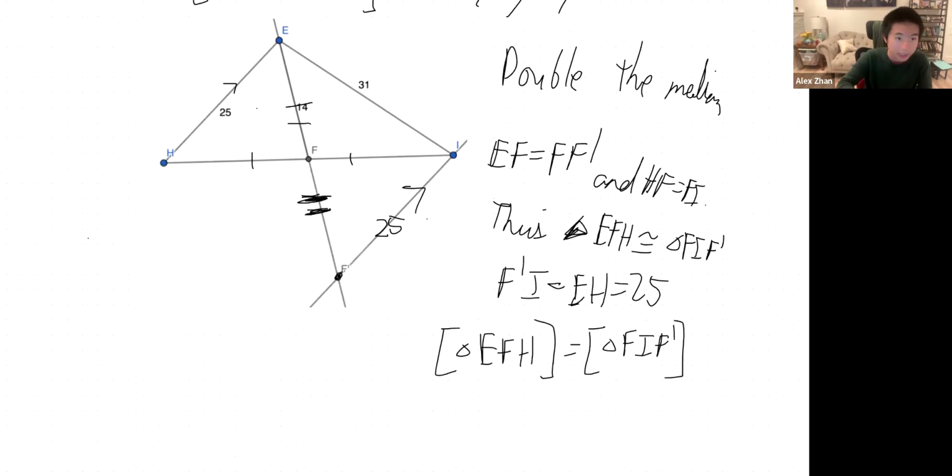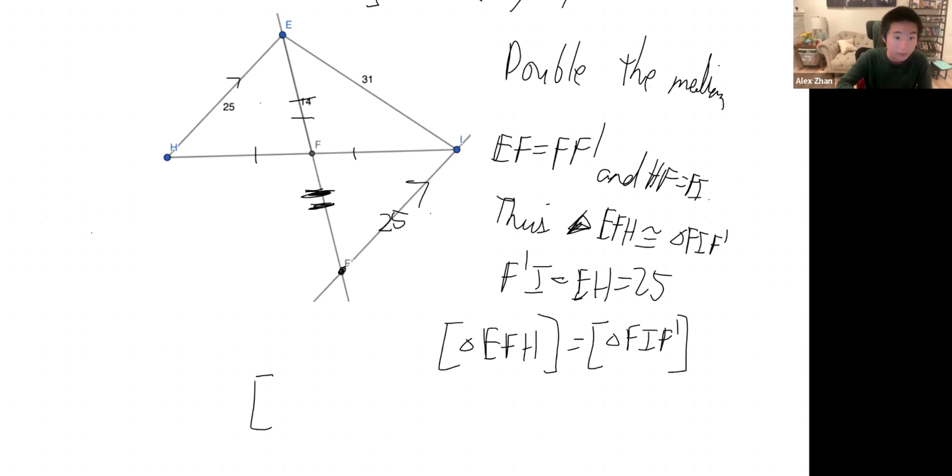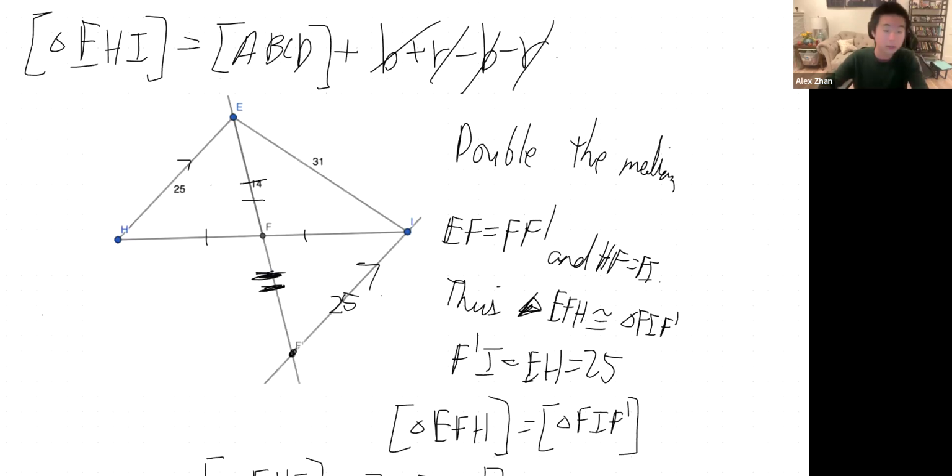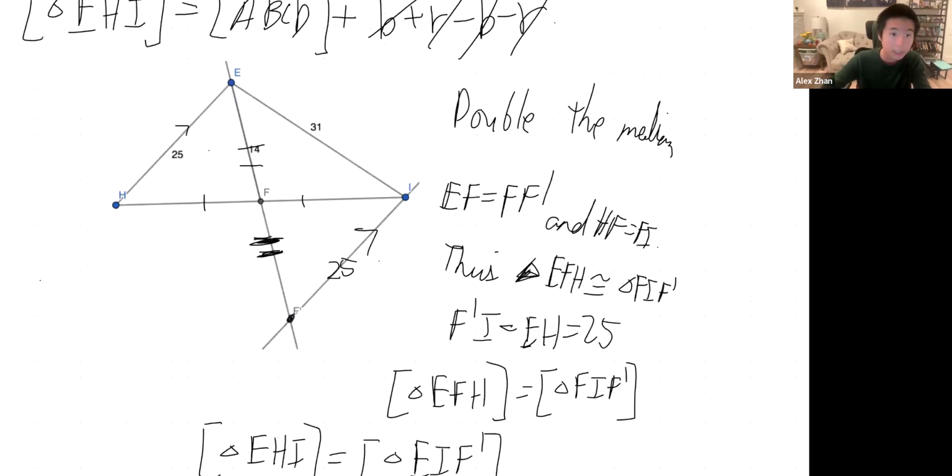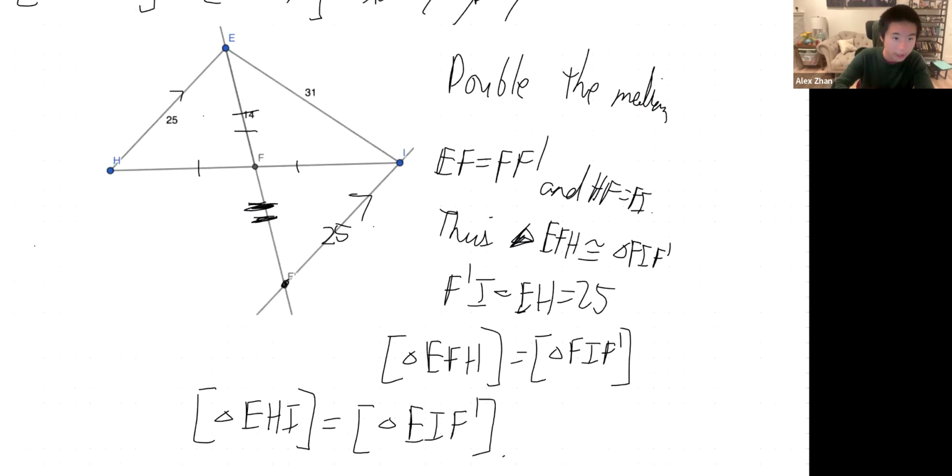So now what we can get is that the area of EHI is equal to the area of EIF prime. And now we have again simplified the problem.